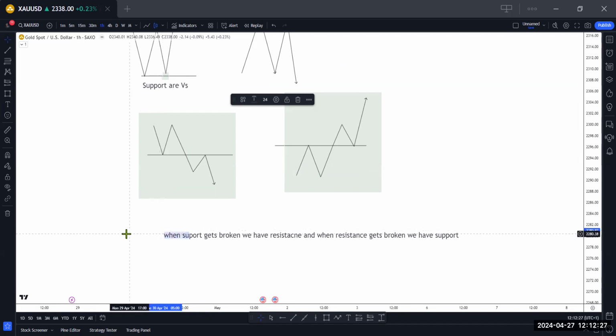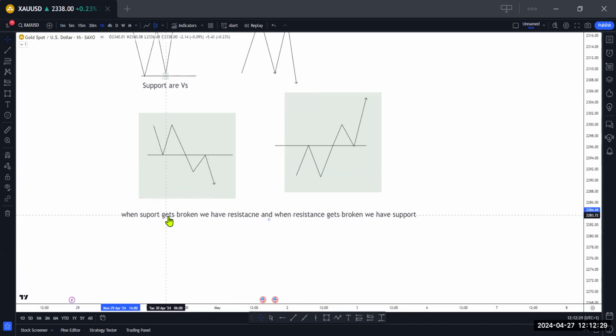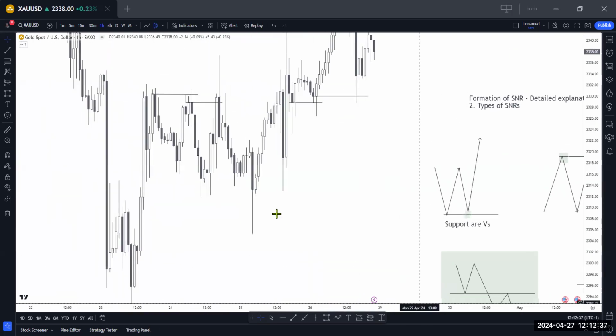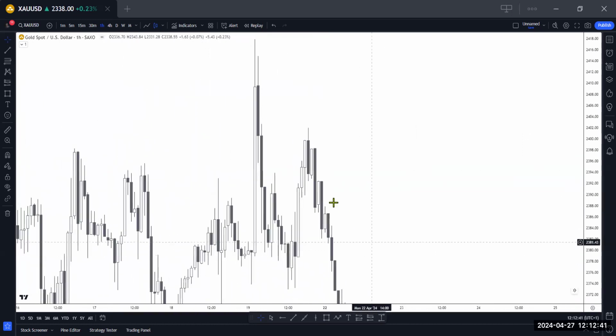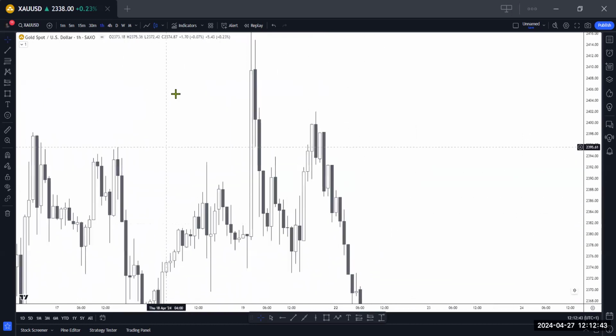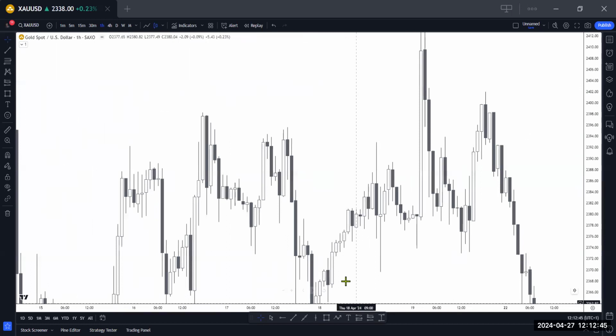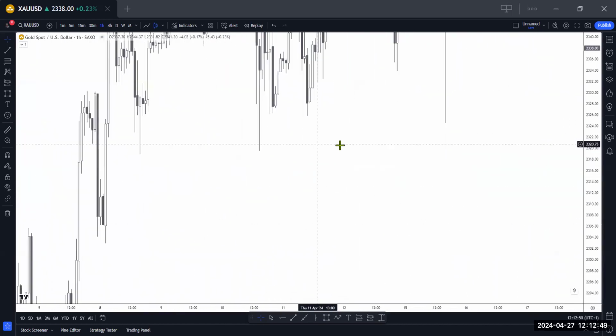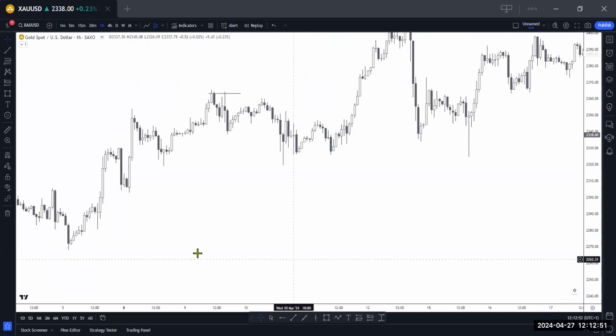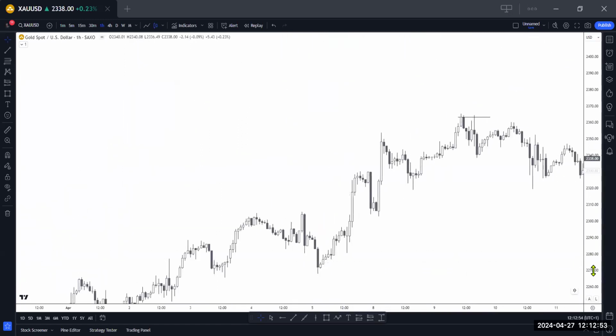Okay. So let's see a few examples on the chart. Support broken, resistance, right? Resistance broken, support. All right, so here's an example.